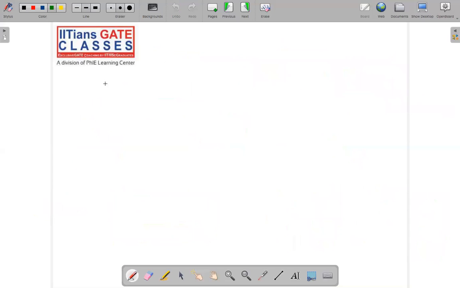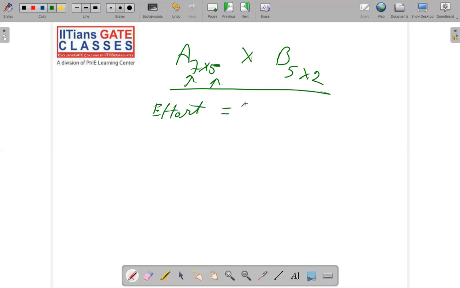Okay, let me take another example. Suppose you have a matrix A of dimension 7 by 5, 7 rows and 5 columns. If you are multiplying with a compatible matrix, how many rows should be there? 5, right? 5 and 2. So what is the effort? The effort to multiply these two matrices is equal to 7 by 5 by 2.